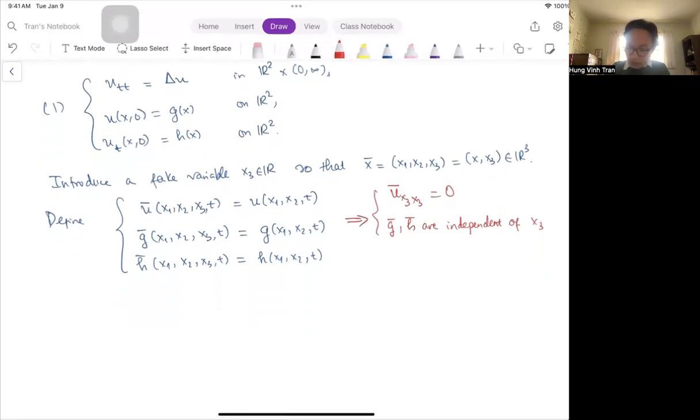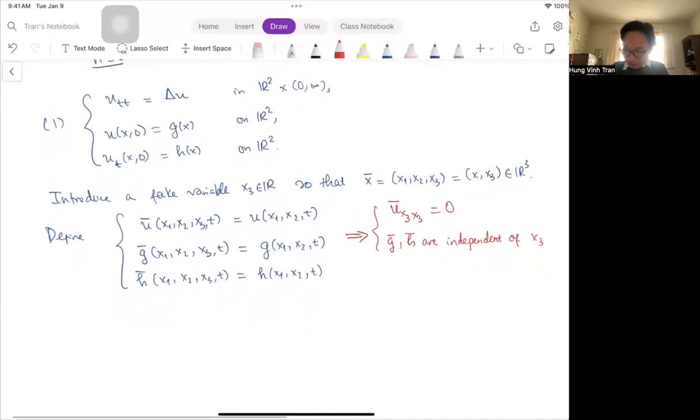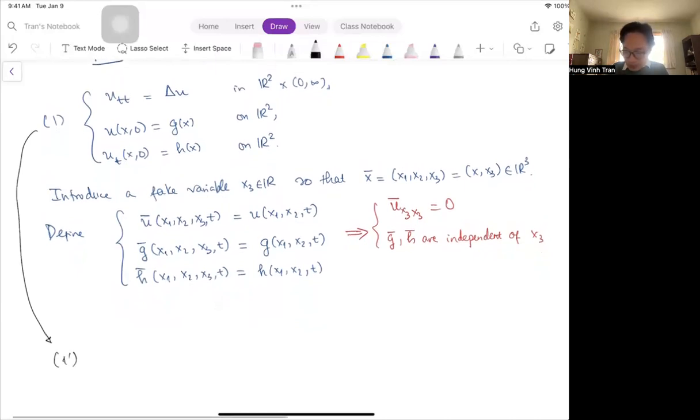But this is important because you can see now that from equation 1, I have the equation, let's call it 1 prime, that u bar turns out to satisfy exactly the same wave equation. Why? Because u bar in x3 is 0, right? So the Laplacian in 2 variables is the same as the Laplacian in 3 variables. Let me write it down and I'll explain.